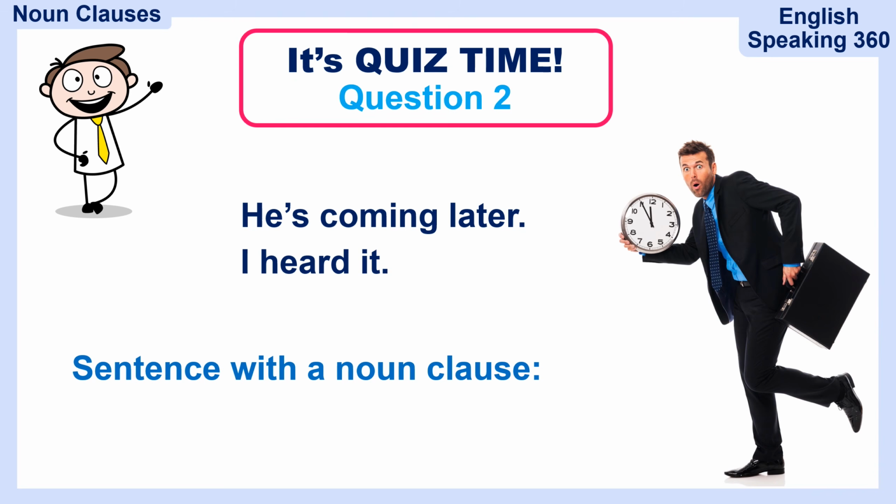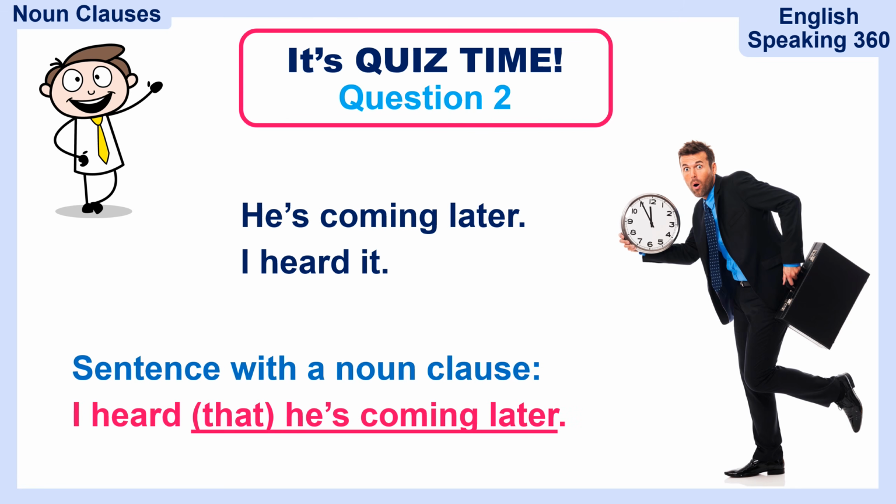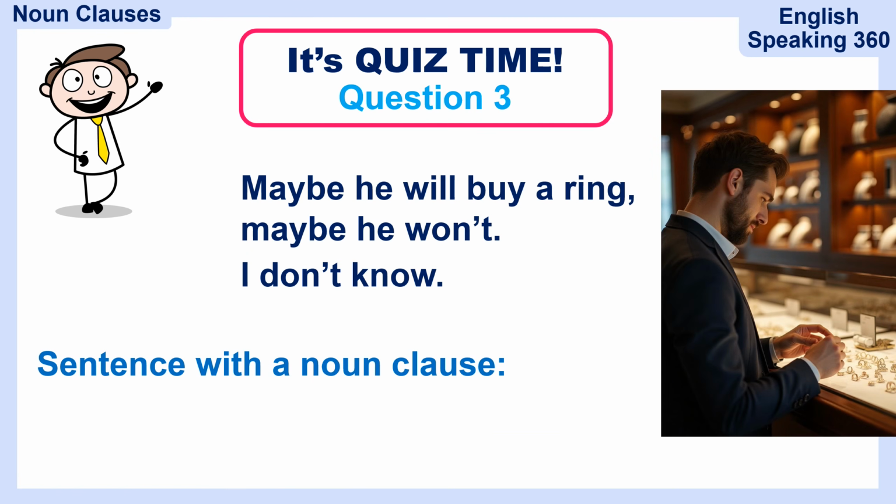Question 2. He's coming later. I heard it. What is the sentence with a noun clause? It would be, I heard that he's coming later, or I heard he's coming later. Question 3. Maybe he will buy a ring, maybe he won't. I don't know.